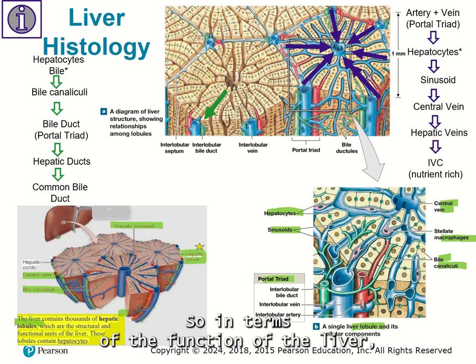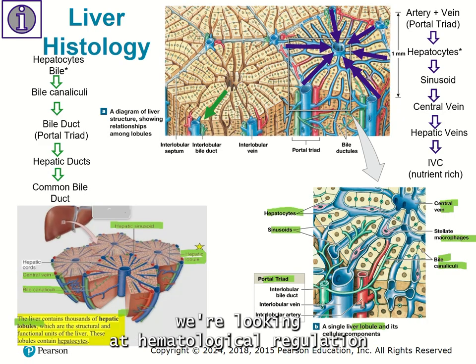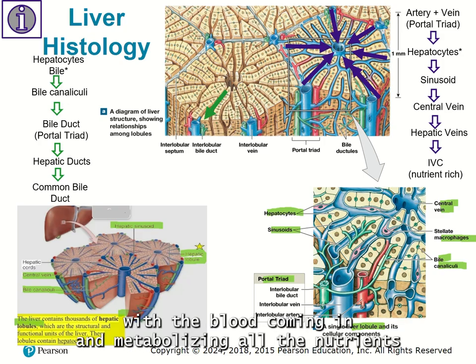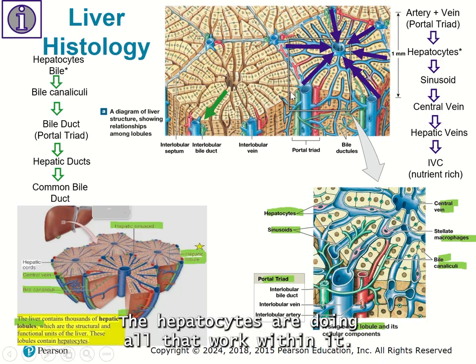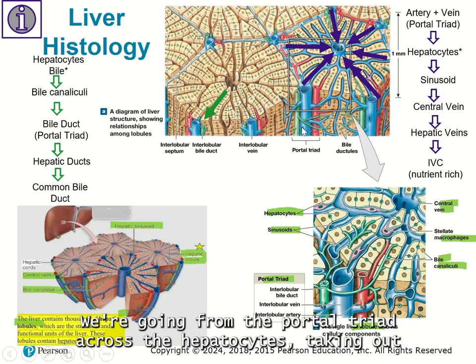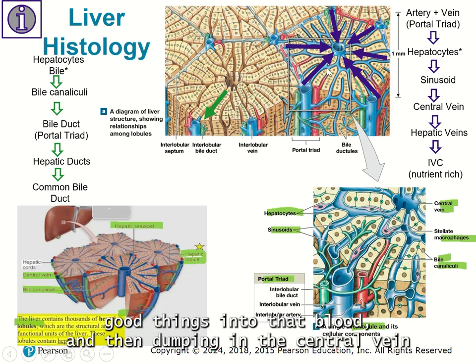So in terms of the function of the liver, we're looking at hematological regulation with the blood coming in and metabolizing all the nutrients from the digestive organs to go to the blood in the liver. The hepatocytes are doing all that work within it. We're going from the portal triad across the hepatocytes, taking out and putting in good things into that blood, and then dumping in the central vein.